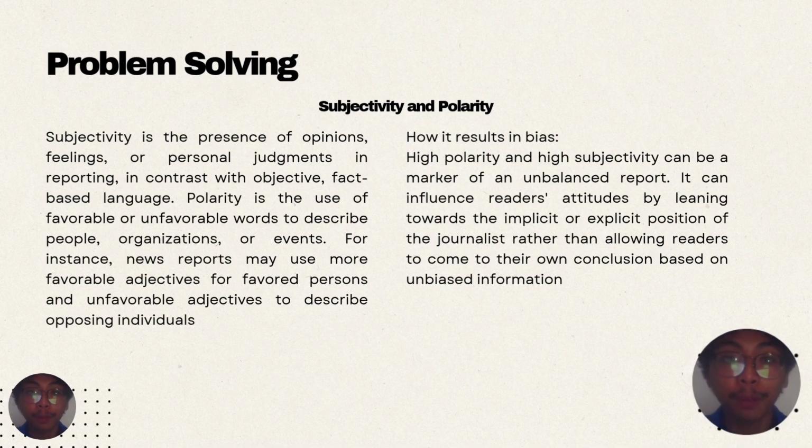How do subjectivity and polarity contribute to the bias? High polarity and high subjectivity can be a marker of an unbalanced report. It can influence readers' attitudes by leaning towards the implicit or explicit position of the journalist rather than allowing readers to come to their own conclusion based on unbiased information.